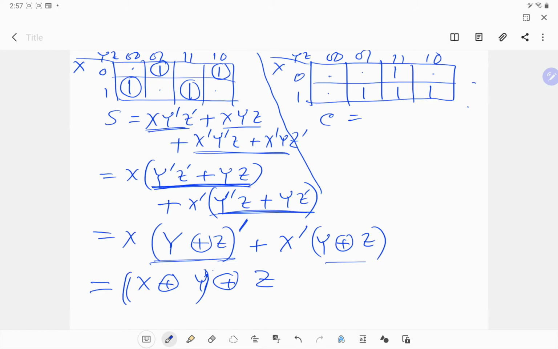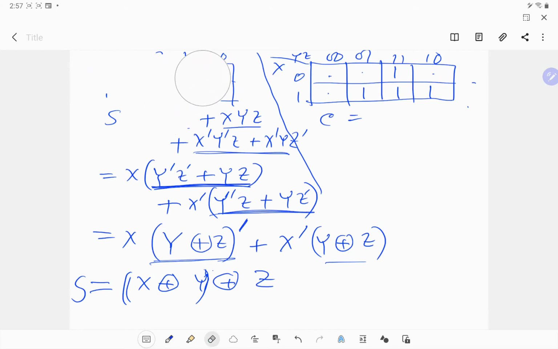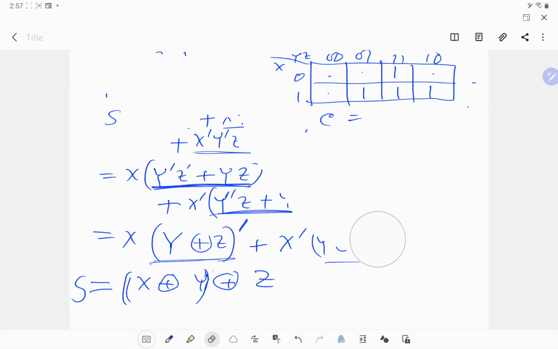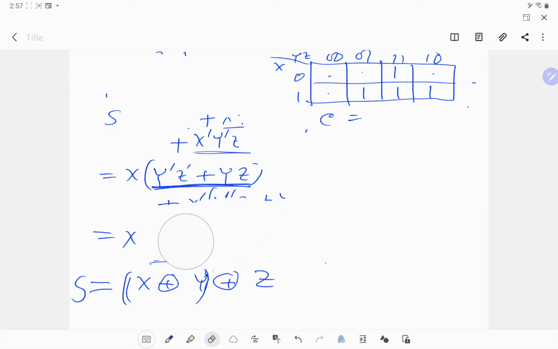And now for C, so what do we have? We got it for S, and we don't need that anymore. We got the equation for S.